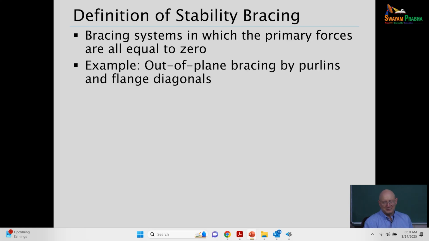And so we've talked about these purlin or girt attachments, and also we've talked a little about a flange diagonal that goes from the purlins or girts to the inside flange on a metal building. Those would be good examples of stability bracing. We do the analysis of the frame as just a planar structural analysis, so we're not really doing anything in that analysis to calculate forces in the bracing members.